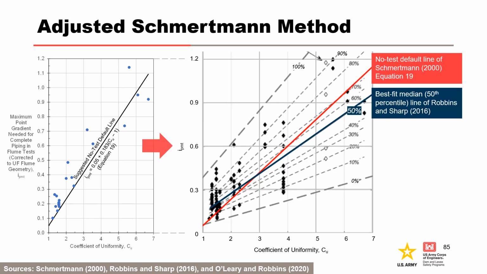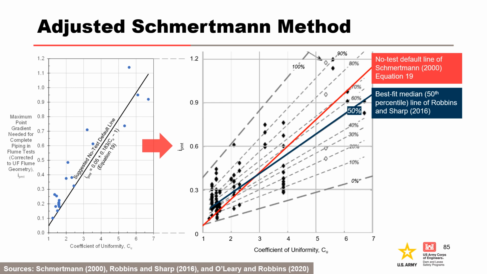To quantify uncertainty, Robbins and Sharp in 2016 compiled and analyzed over 100 laboratory piping tests to assess the variability of the laboratory measurements of horizontal critical gradient. The results indicated a large amount of uncertainty surrounding the critical gradient measurements for all soils, with increasing uncertainty as soils become less uniform.